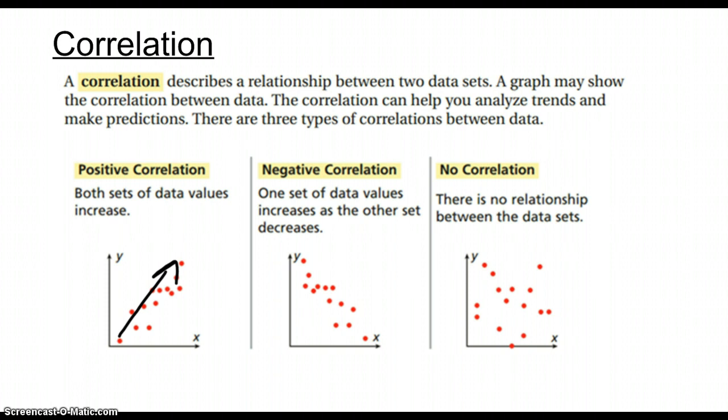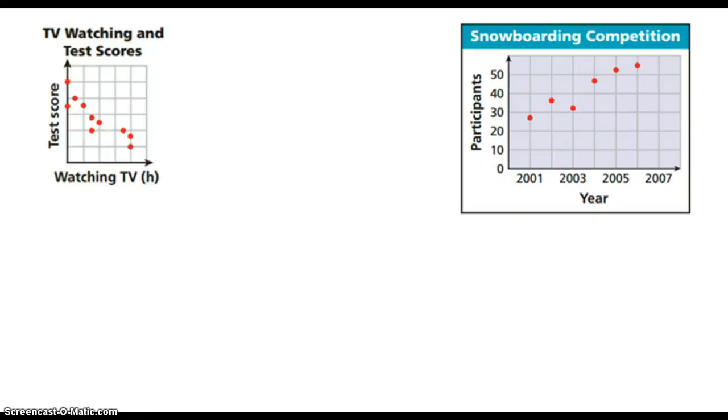A negative correlation is when one of the data sets decreases as the other increases, giving us a downward type motion. And if there is no correlation, it looks like someone threw up on the page or something, you know, so just plots everywhere. Okay, that's probably a really bad example, but it looks like just points everywhere and there's no real relationship between them.